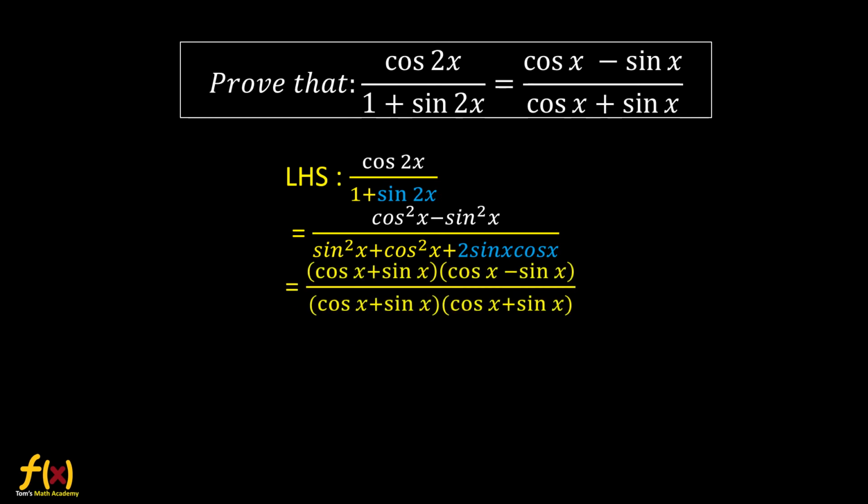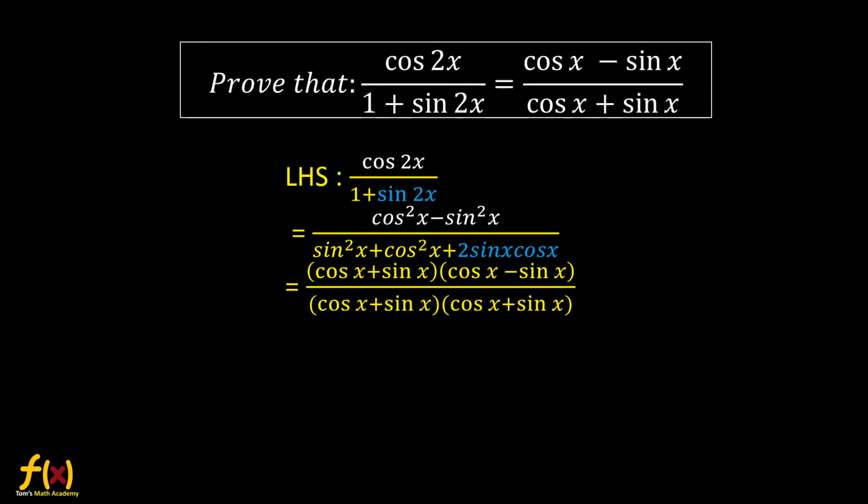So there is scope for that. In the numerator we have the difference of squares. Cos square x minus sin square x can be factorized: cos x plus sin x times cos x minus sin x. In the denominator, it is a trinomial. We can factorize that as cos x plus sin x times cos x plus sin x. So that is the technique we are using here.